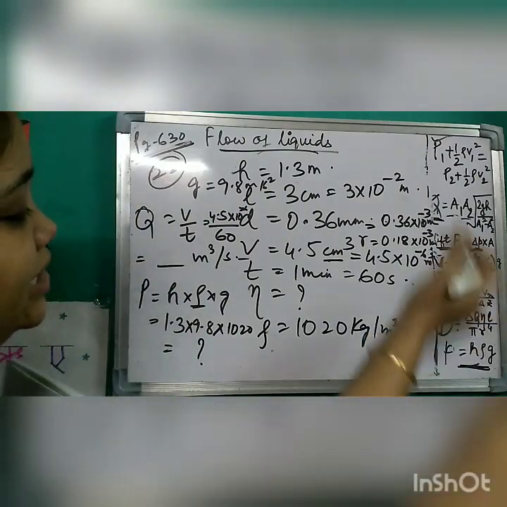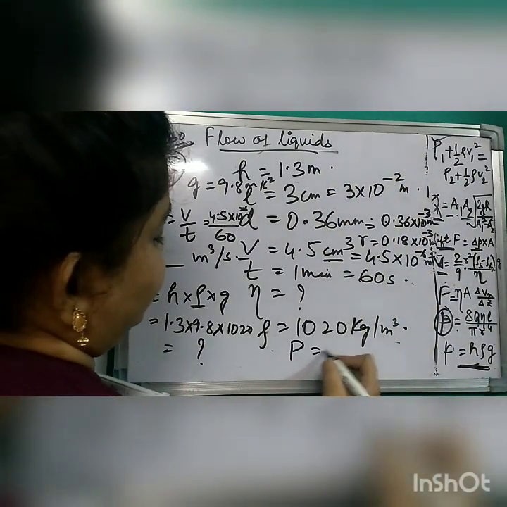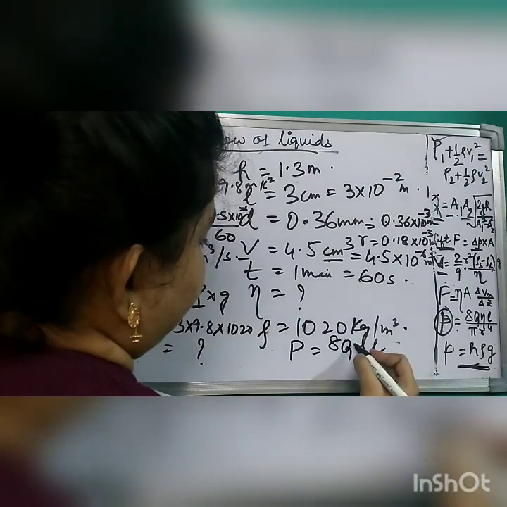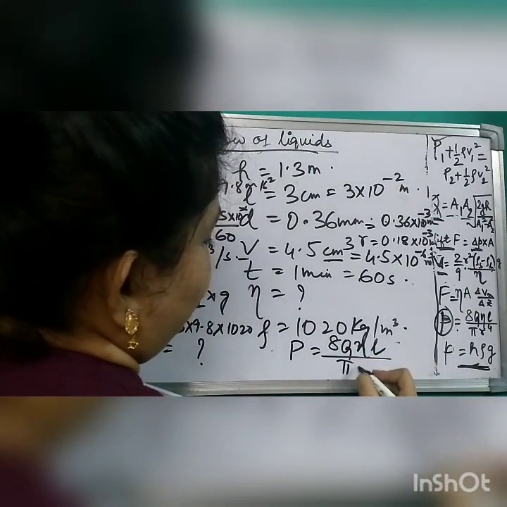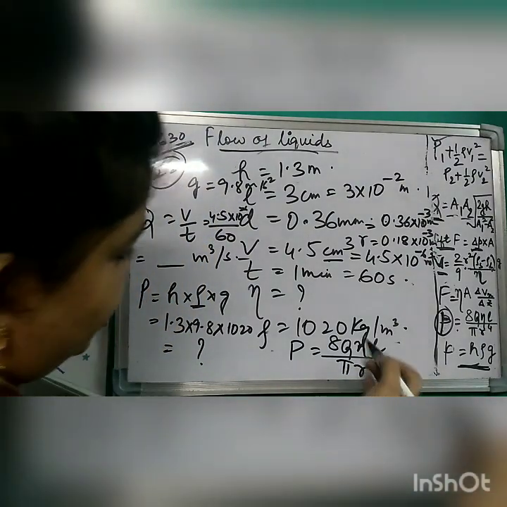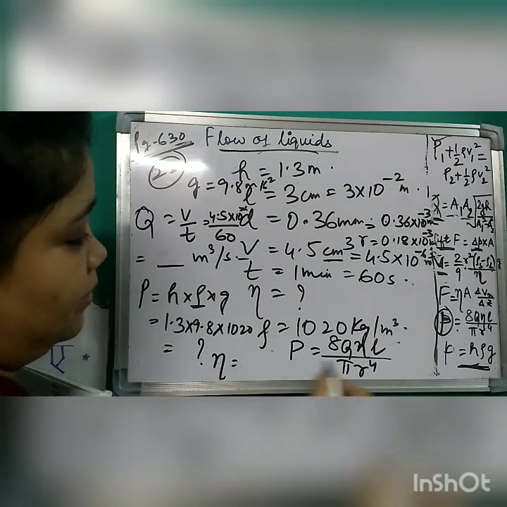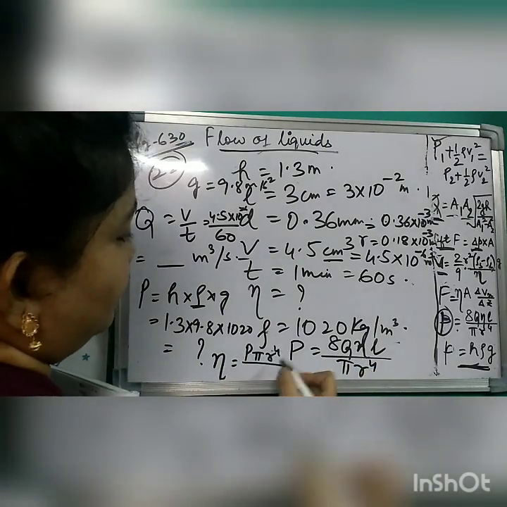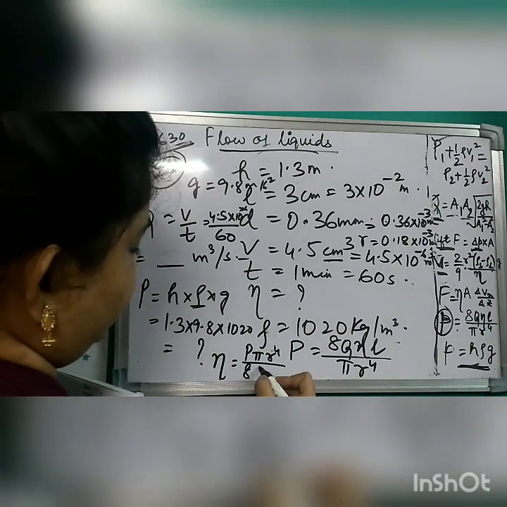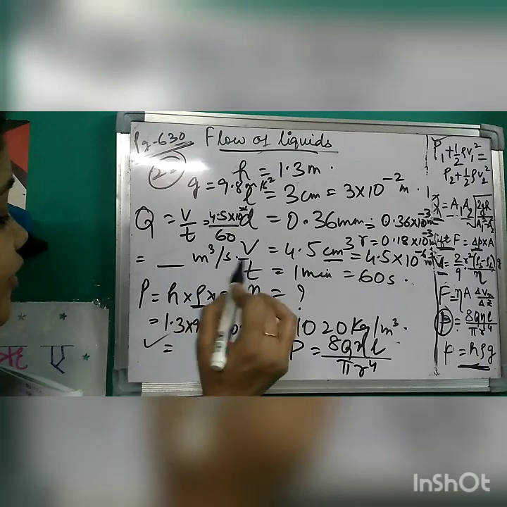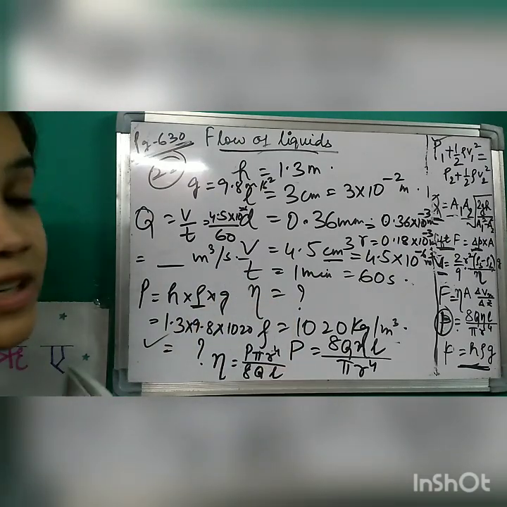After this, you can easily apply Poiseuille's formula. P is equal to 8 Q eta L by pi R4. But what do we have to find out? Eta. So just solve it. Eta will come out as P pi R4 by 8 Q L. You get the value of P from here.